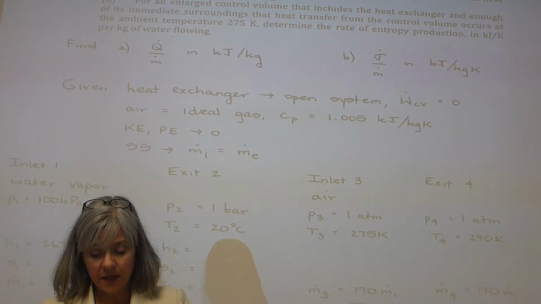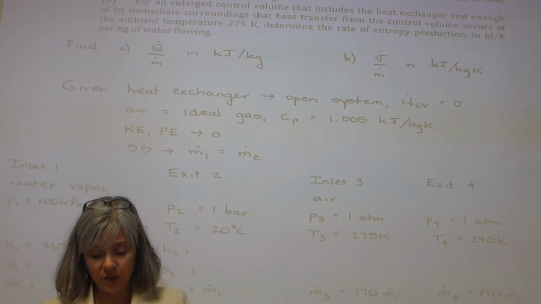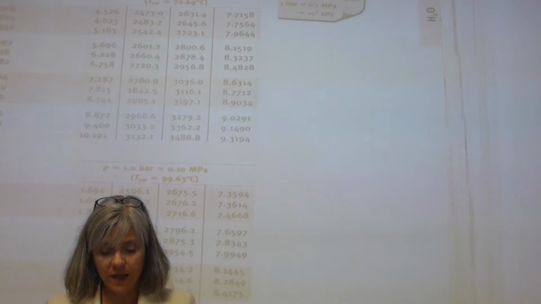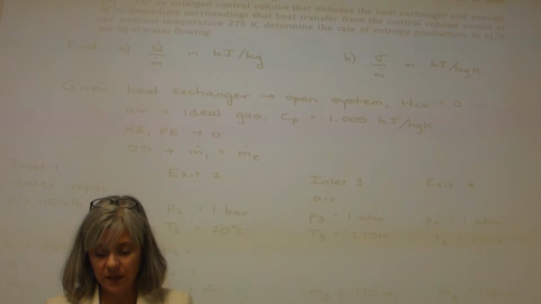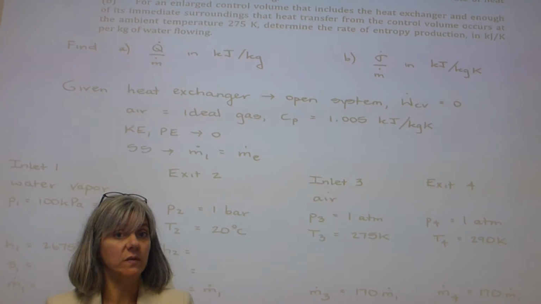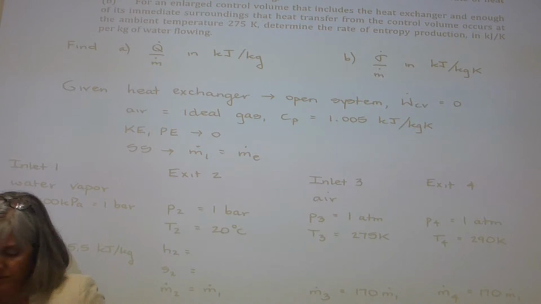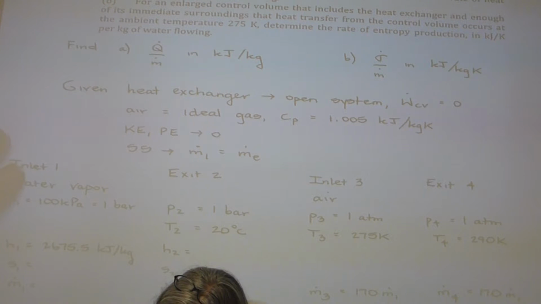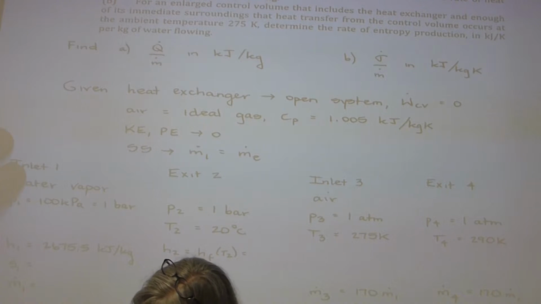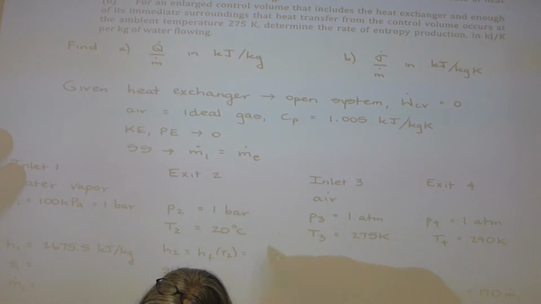So that means we don't have enough information, so what we can do then is to use just the saturated fluid value at that temperature. So that's what we will use. So saturated fluid value at that temperature is going to be 83.96.